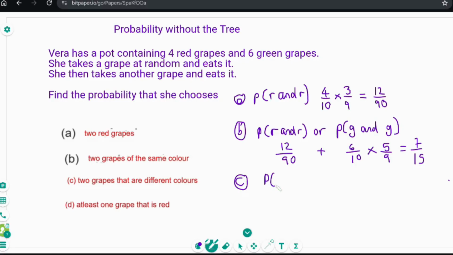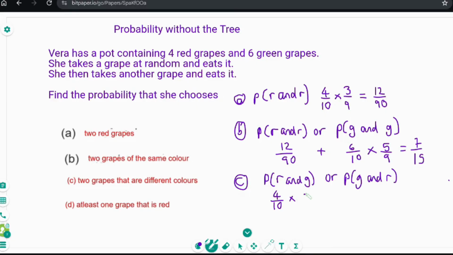2 grapes that are different colours. Now just be careful with this because you've got a red and a green, but you've also got green and a red. So make sure you're looking at all the options here. So red and green would be 4 out of 10. Green, well, we've eaten a red.